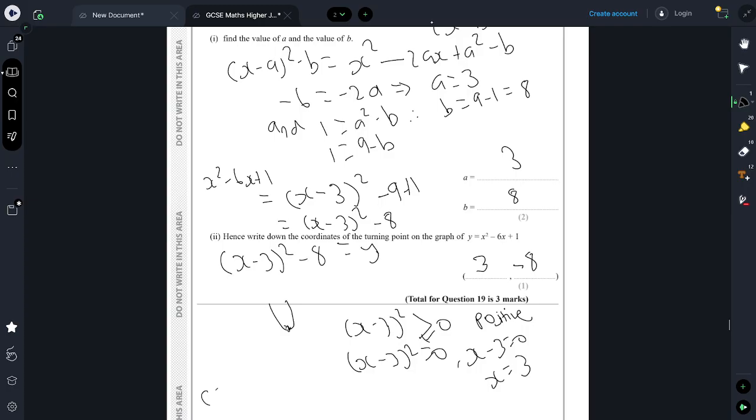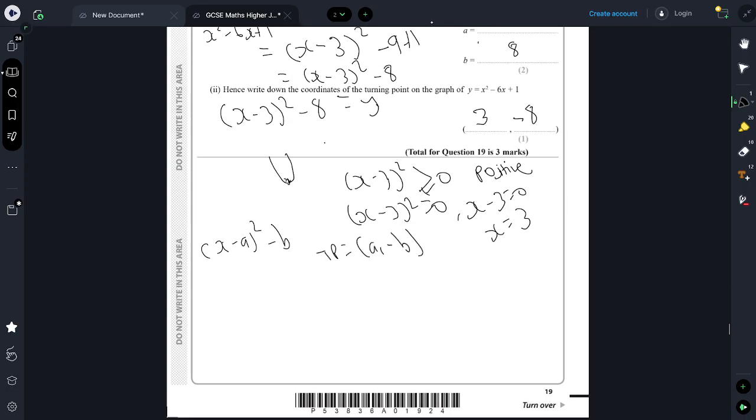So then, just to reiterate, if it's of this form, the turning point is going to be setting this to 0, so x has to be a, and then y is just the number outside, so it's minus b, not b, but minus b. Okay. Let me just write that again, just to be clear. And yeah, so that's all that is that question.